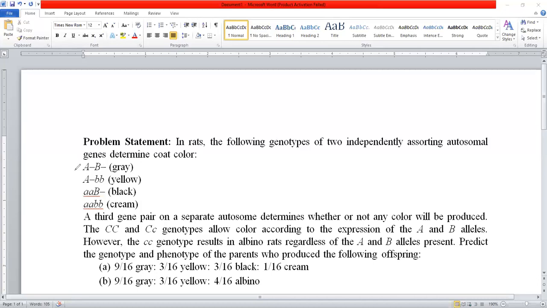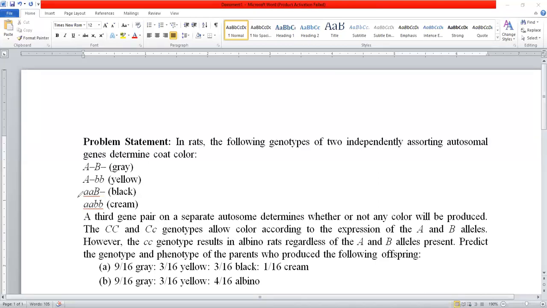If the genotype is capital A dash capital B dash, the gray coat color will be produced. If the genotype is capital A dash small b, yellow coat color will be produced.